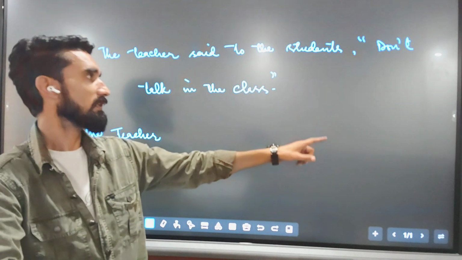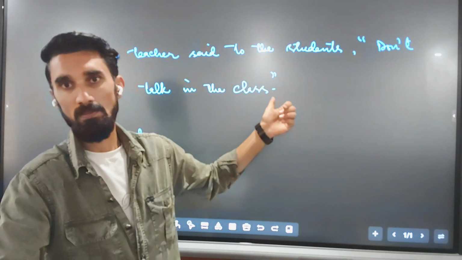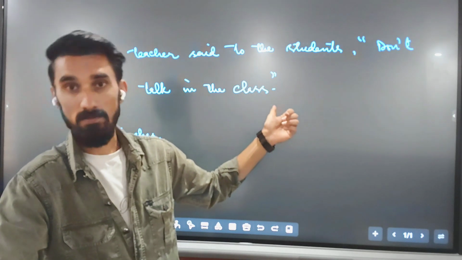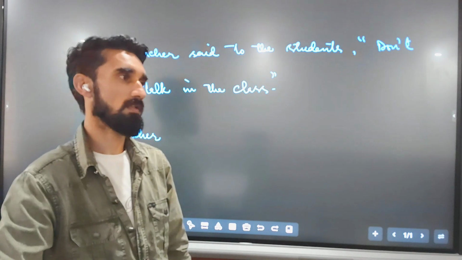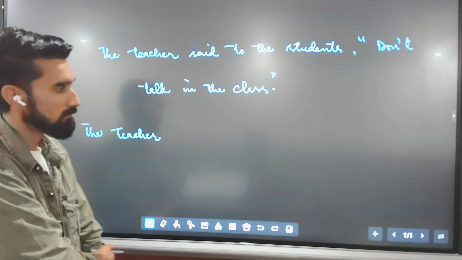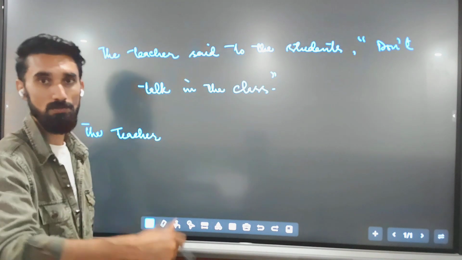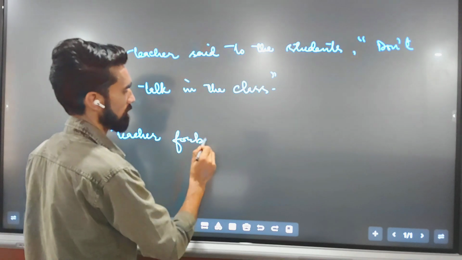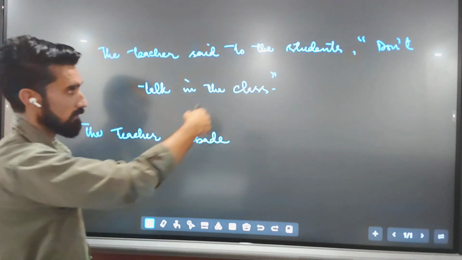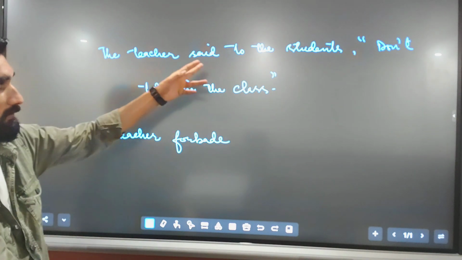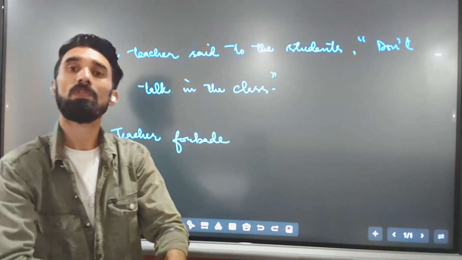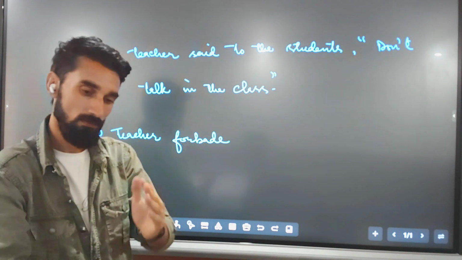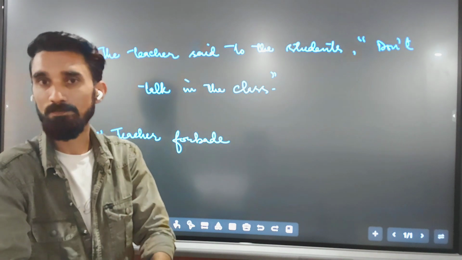This is an imperative sentence, and which sense does it contain here? It is a sense of prohibition, means he is prohibiting, he is stopping them, and he wants them not to talk in class. So the teacher forbade. This is in the past tense, so it will be forbade. Forbid is the present or the basic form.